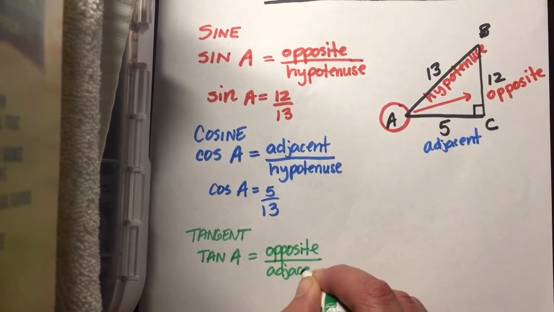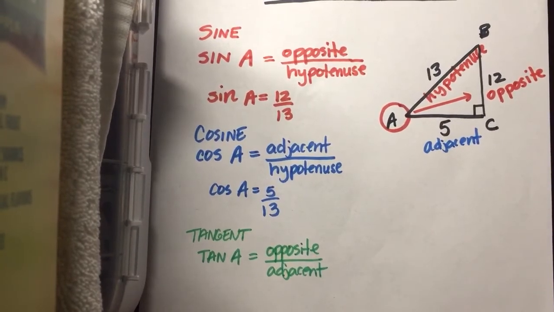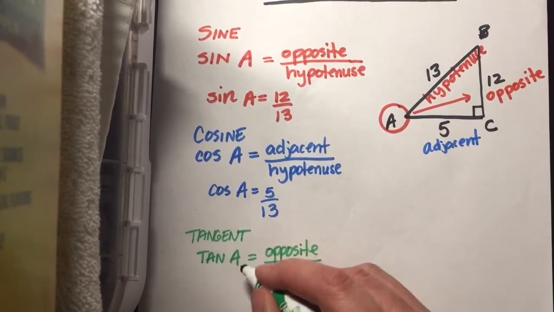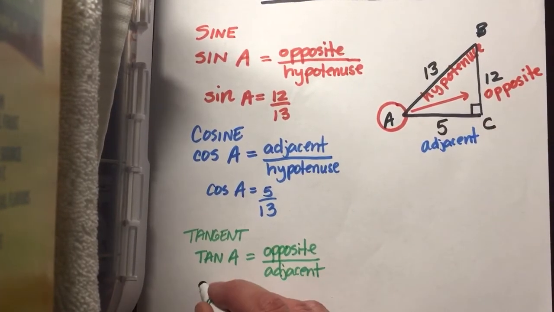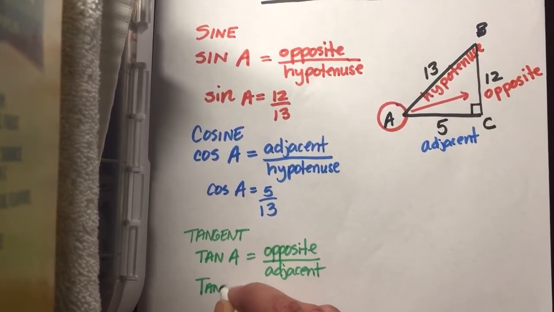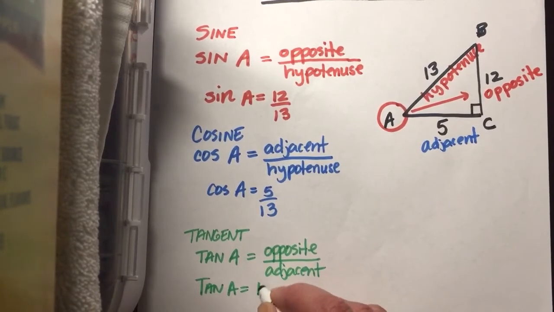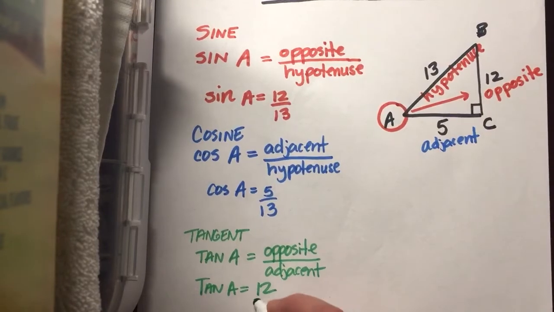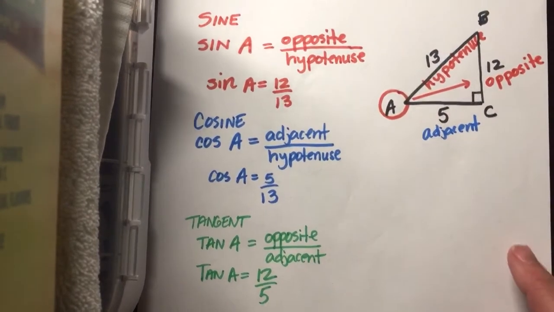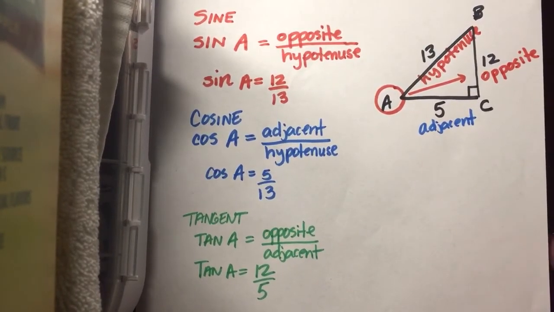The tangent is the only one that has nothing to do with the hypotenuse. So which side is opposite A? The 12. So tangent of A equals 12, which is the opposite side, over 5, which is the adjacent side. And that's your three ratios for the triangle.